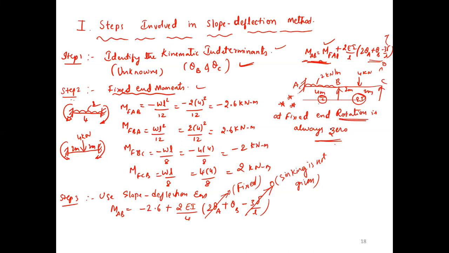What remains is minus 2.6 plus 2 by 4, that is 0.5 EI theta B. Take it as equation number 1. Similarly you get BA as equation 2, BC as equation 3, CB as equation 4.